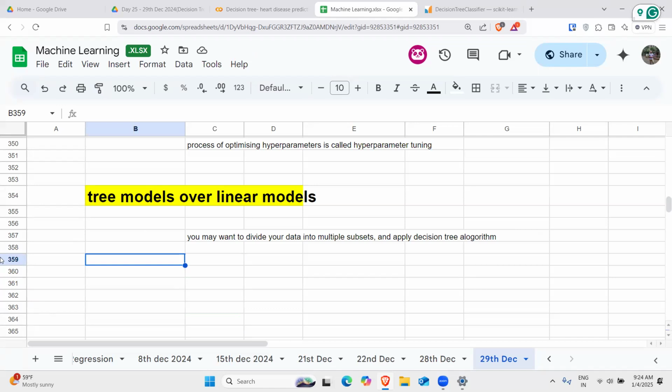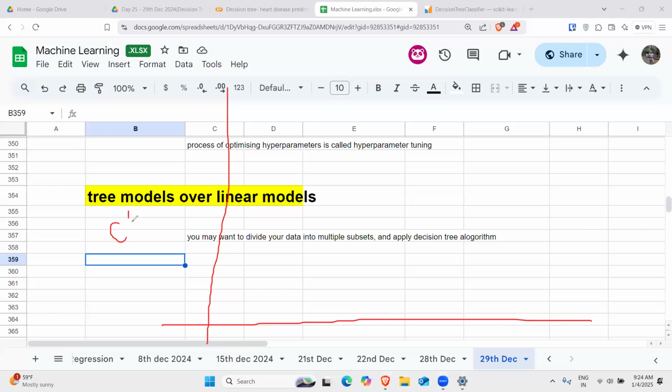Suppose you have the same example that we can take, predicting whether the person has heart disease or not. On the y-axis you have cholesterol level, on the x-axis you have age.